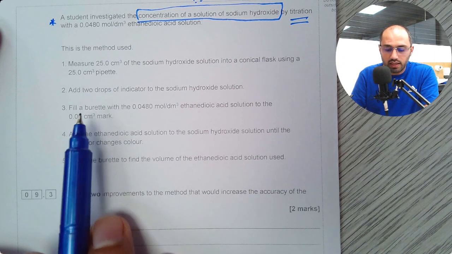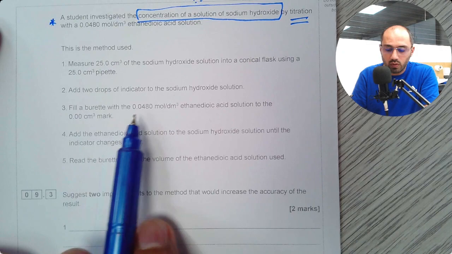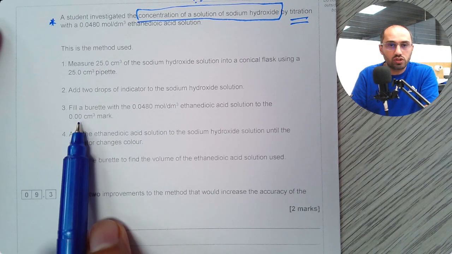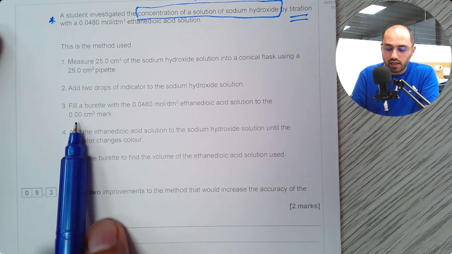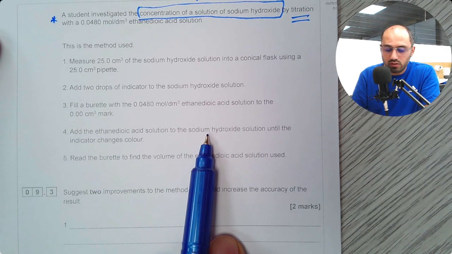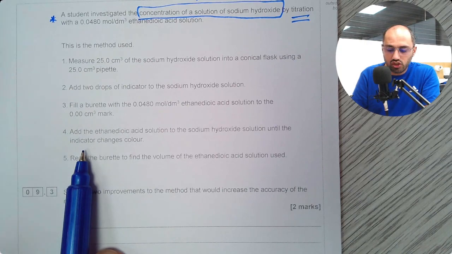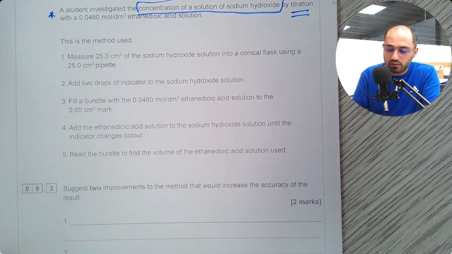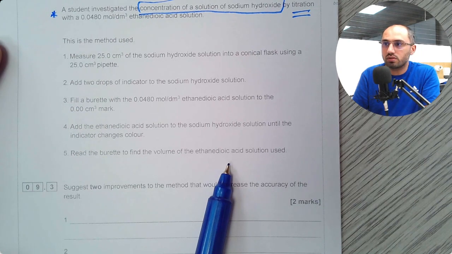Once you've done that, now you are going to fill the burette with this acid to the 0 mark. Then you add ethanoic acid to sodium hydroxide solution until the indicator changes color. So when the indicator changes color, you'll stop. You'll record the volume of acid used. Then it says read the burette to find the volume of ethanoic acid solution used.